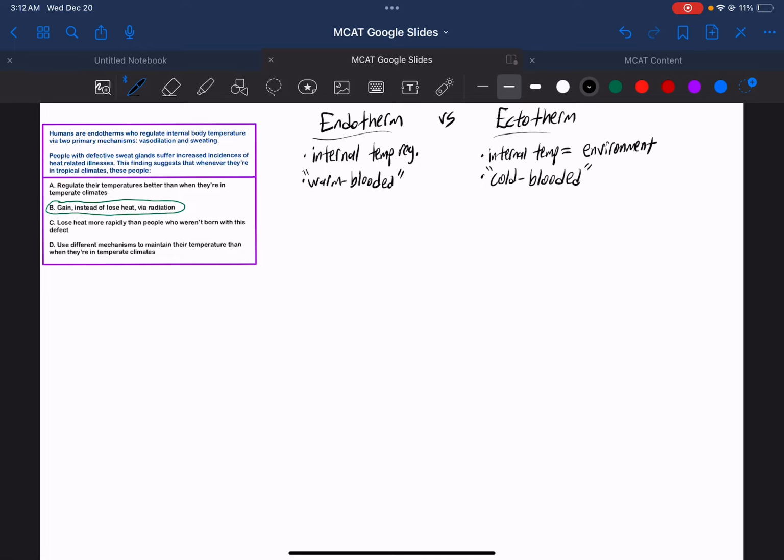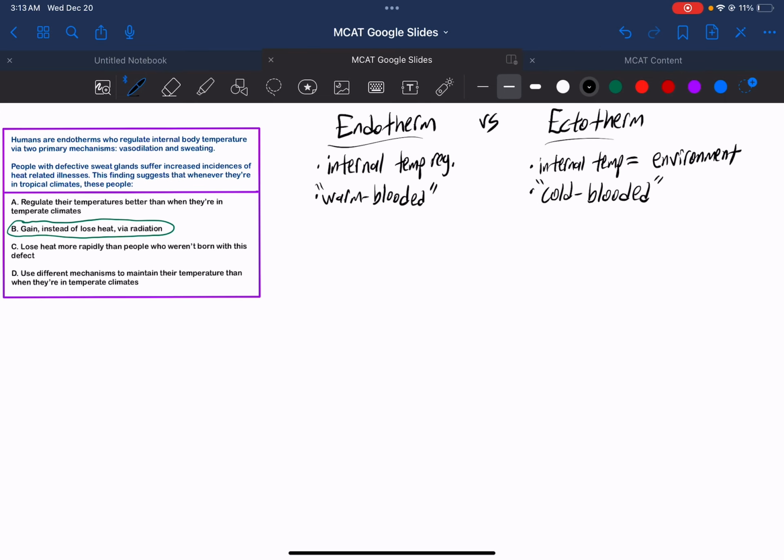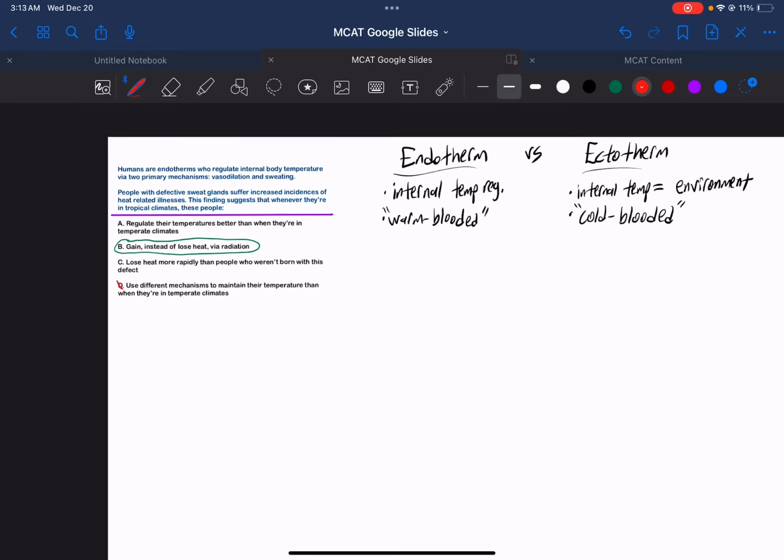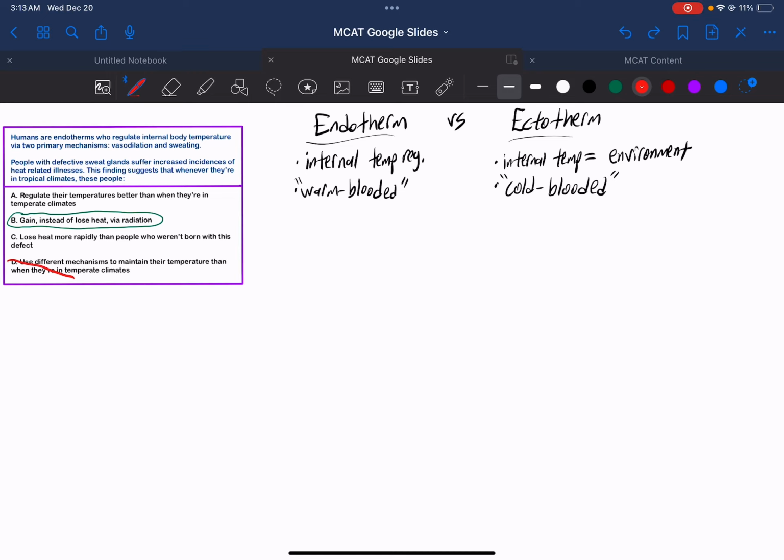Moving forward, so, forgive me, let me back up. If you, off the top, understand endotherm versus ectotherm, boom, you can get rid of D, because you will not use different mechanisms depending on the environment, because we're talking about humans here, and humans are endotherms, and endotherms regulate their temperature internally.